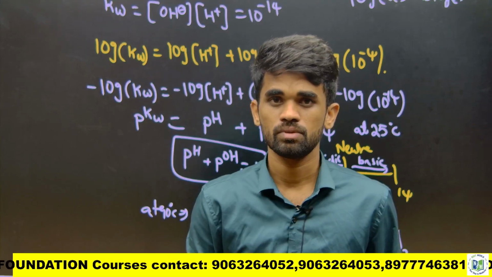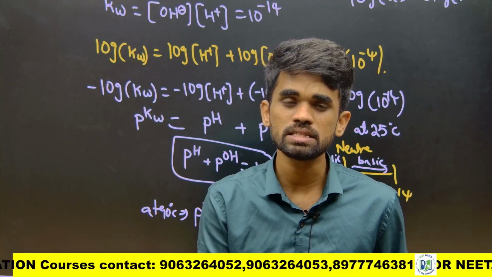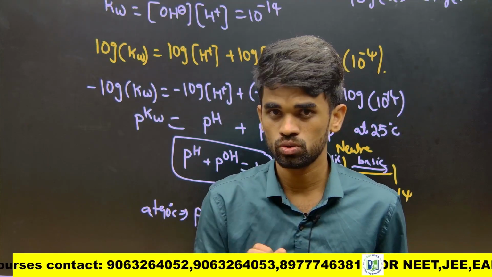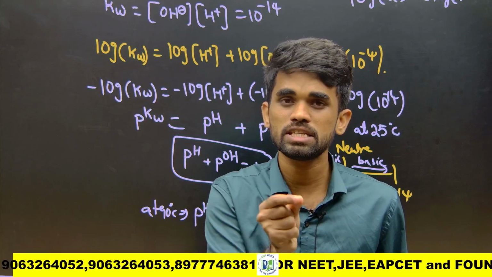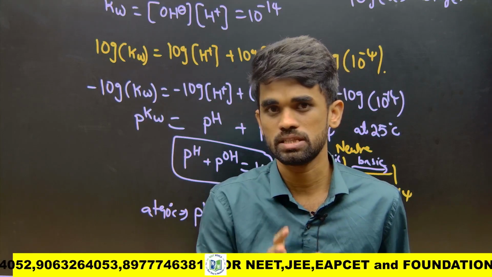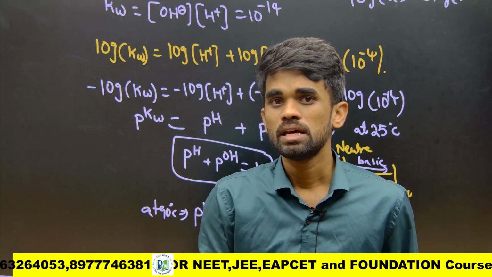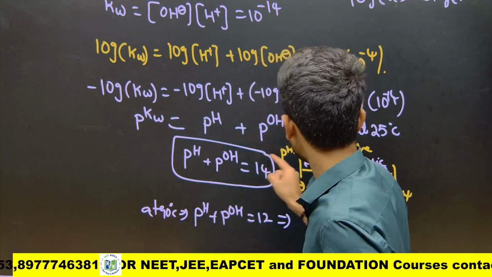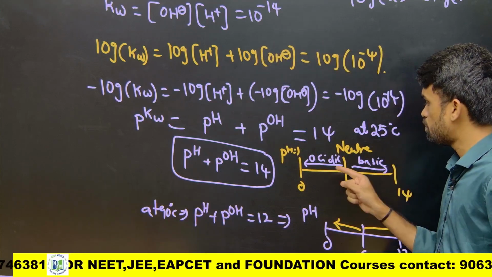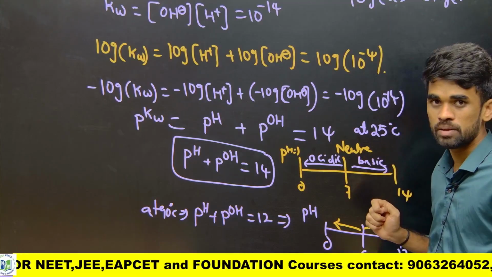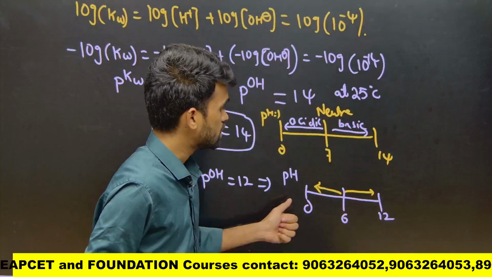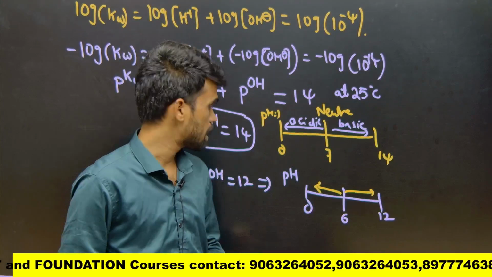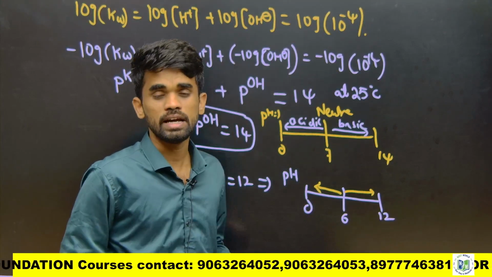Now if a statement is given like this, that 7 is the neutral point on the pH scale, is it true in all cases? No, it is not true. pH is temperature dependent. As temperature changes, pH values also change. It means 7 at 25 degrees on the pH scale is considered neutral, but at 90 degrees, 7 becomes the basic region, because here 6 is the neutral point at 90 degrees.